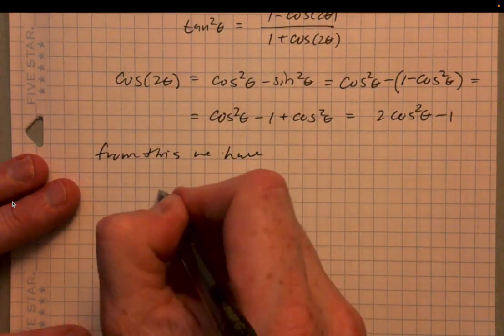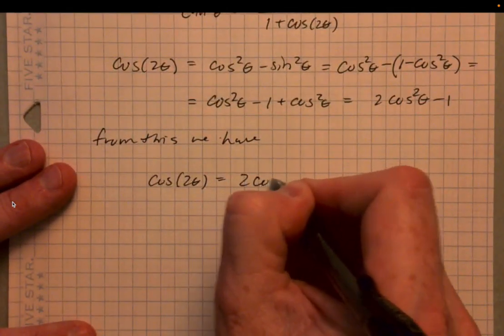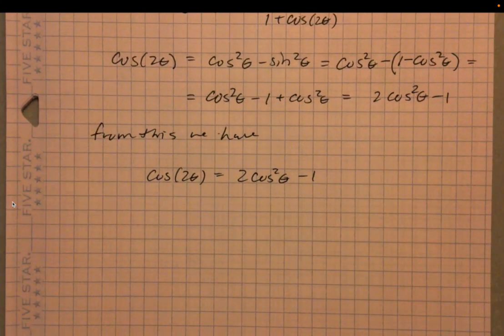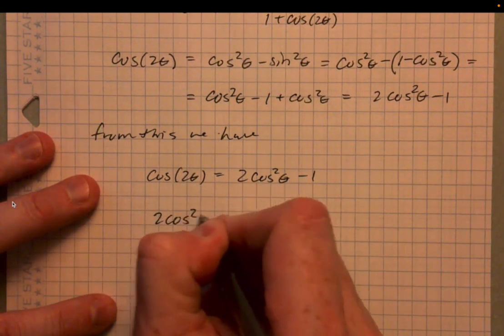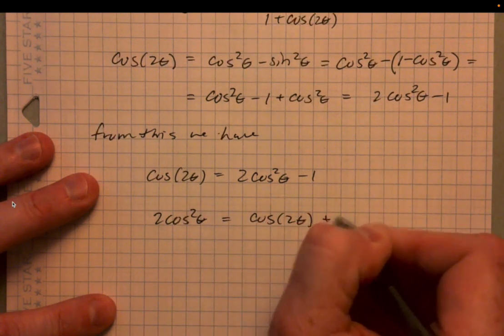Okay, and then from this, we have that the cosine of 2 theta is equal to 2 cos squared theta minus 1. And so it's just a simple matter of doing some algebra here and getting the cos squared theta all alone by itself. And so you'd have 2 cos squared theta equals cos 2 theta plus 1.